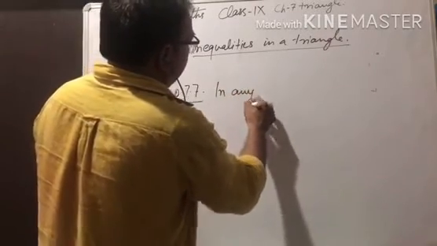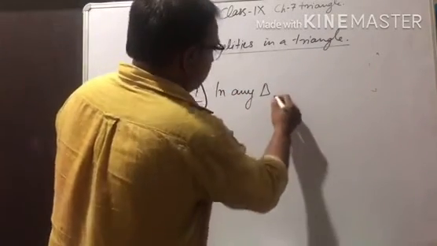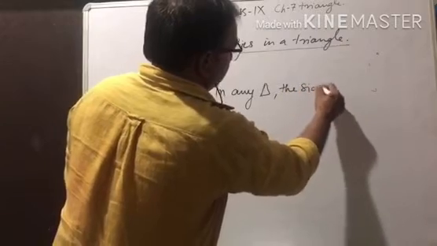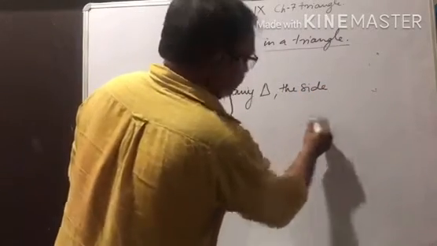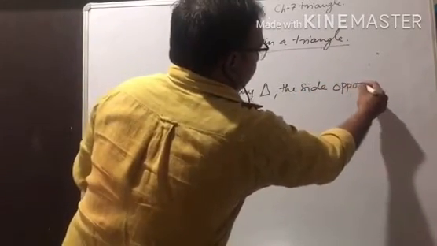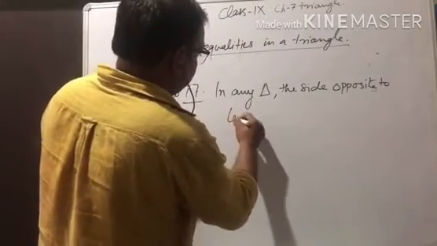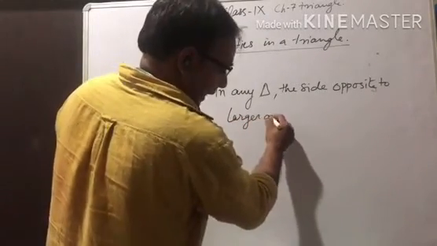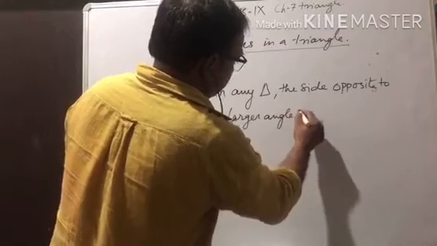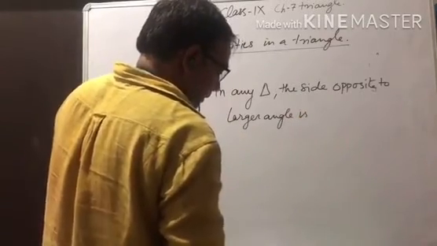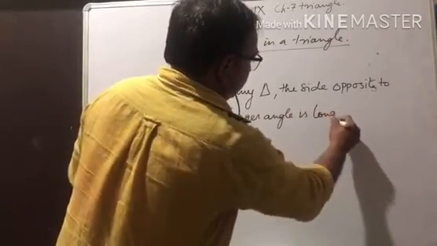In any triangle, the side opposite to the larger angle is longer.